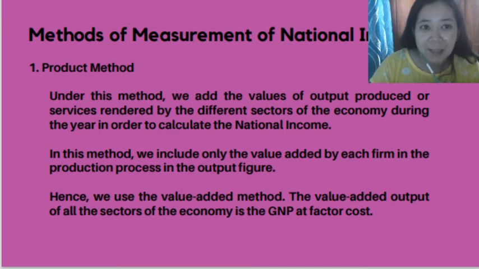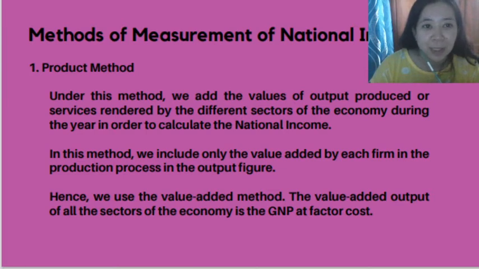So in this case, to measure the national income, all we have to do is to add the values of the output that is being produced, as well as the services rendered by the different sectors of the economy during the year. Okay, so again, we will add the values of the output.